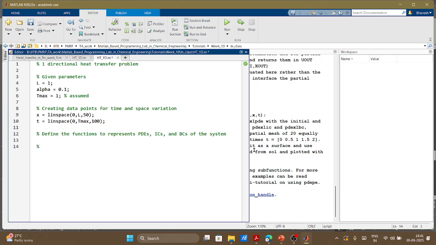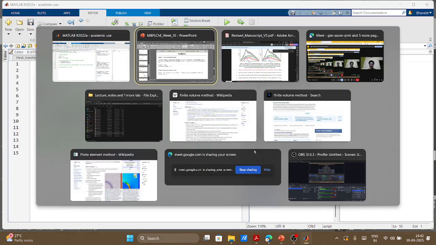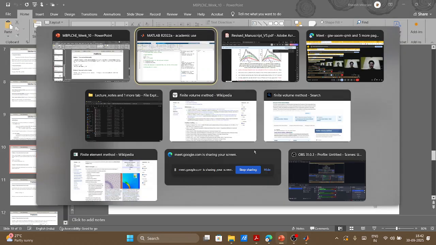So first, defining the PDEs of the system. So when I want to define a PDE, what I have to do, sorry, once again this.